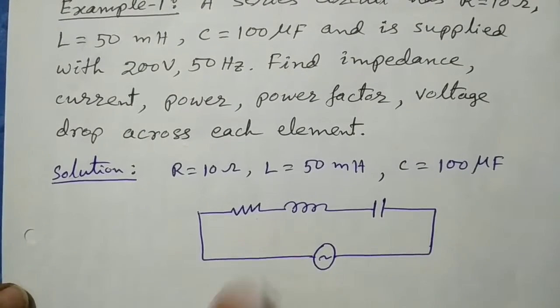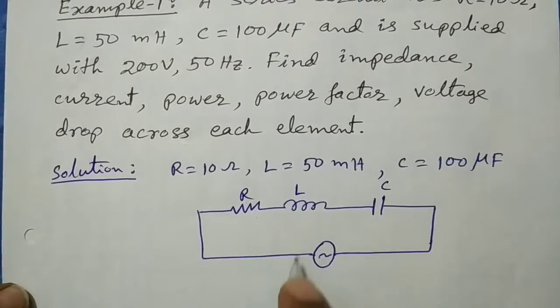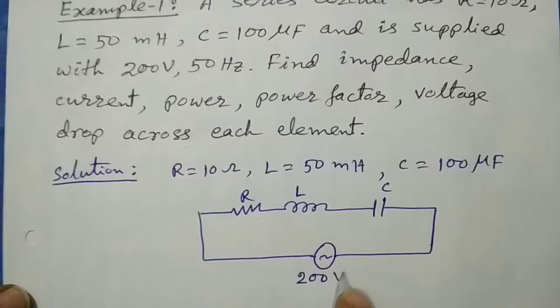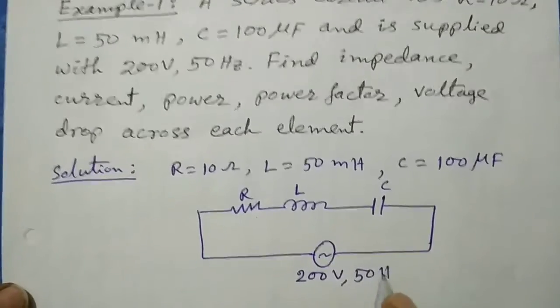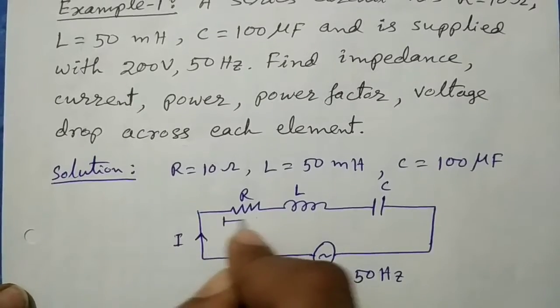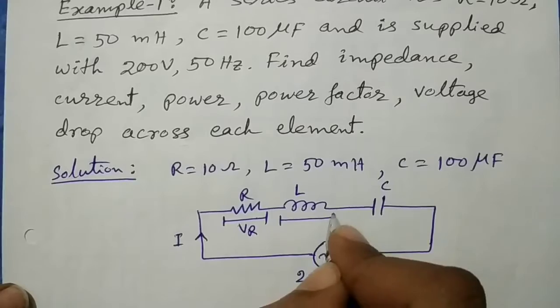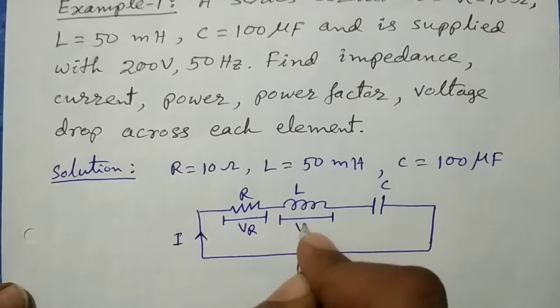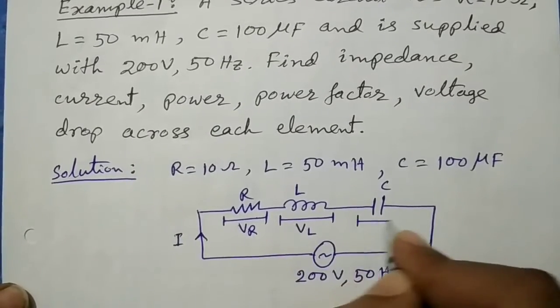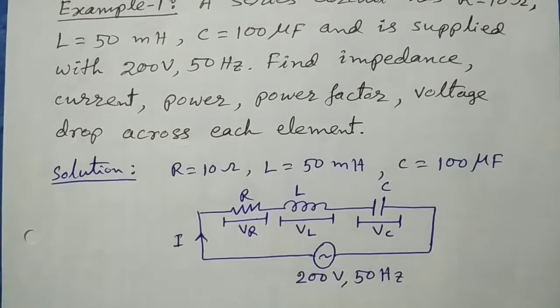So this is the circuit diagram. Here it is R, L and C. The supply voltage is 200 volt and 50 Hz. So you have to find the current, power factor, impedance, etc. as well as the voltage drop across each element, that is VR, VL and VC.